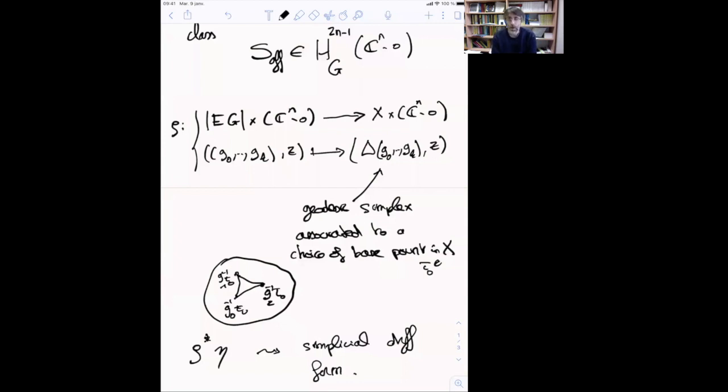But there is some issue with this class. I mean, it's a very nice class. It's not hard to show that it does not depend on the base point, because if you change the base point, then you are just doing some homotopy inside the symmetric space. You can move everything from one base point to the other in a G equivariant way.